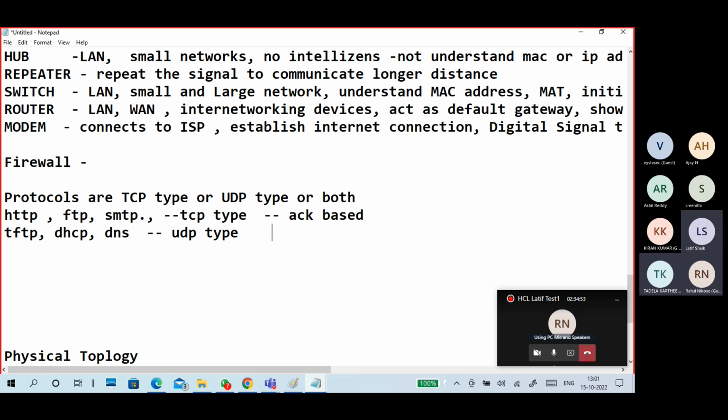UDP type protocols do not send any acknowledgements. You send a packet, and whether the destination received it or not, you don't know. It is not an acknowledgement based protocol.